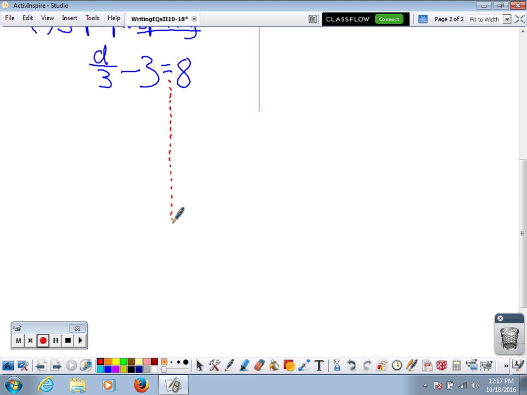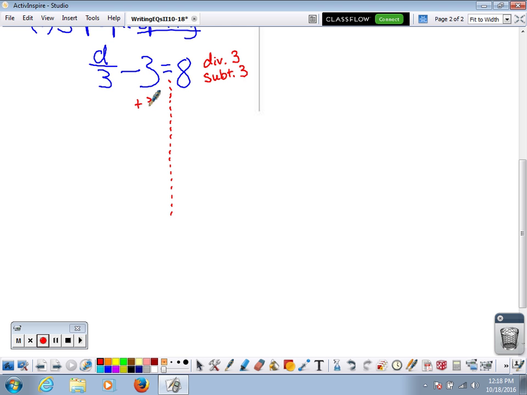Followed by what? And what operations are being done to the variable? Good. They're dividing by 3, and then they're subtracting 3. So let's work backwards and do the inverse operations on both sides. And what will we do?